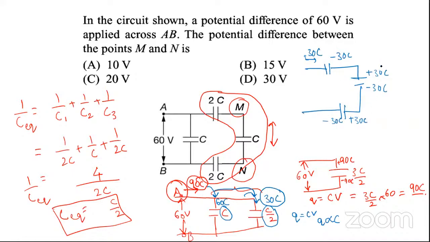So this capacitor across which we have to find the potential difference has a capacitance of C and charge of 30C. So by the formula Q equals CV, we have V equals Q by C, which comes out as 30C upon C, which gives us 30 volts. So 30 volts is our answer. That is option D.